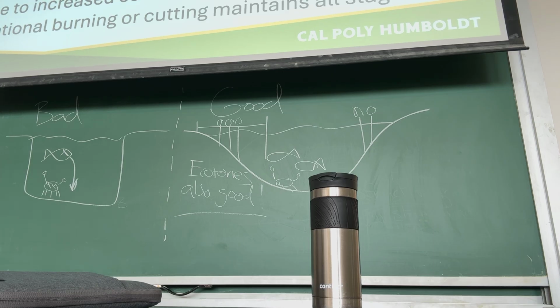But check this out. We've got the red grouse. It requires heathland, but different stages of succession of the heathland support different aspects of the red grouse's requirements. All right? So the late successional heather gives nesting sites.